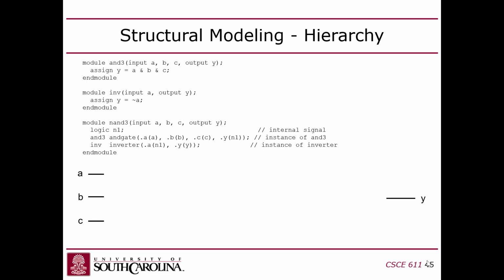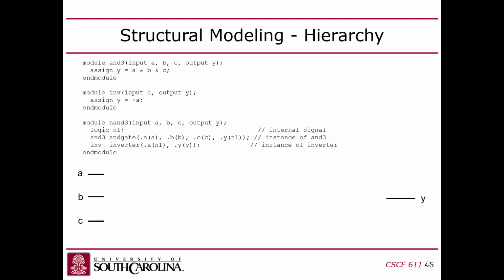Okay, so right, you've got here a module AND3. This is a module, an inverter module. And then this is a NAND module, which instantiates an AND gate and an inverter, and it has this logic N1, which is an internal wire that I've declared, right?